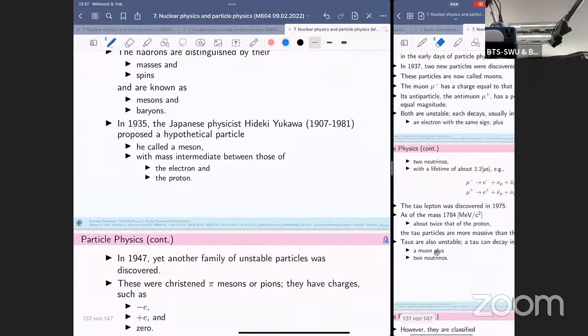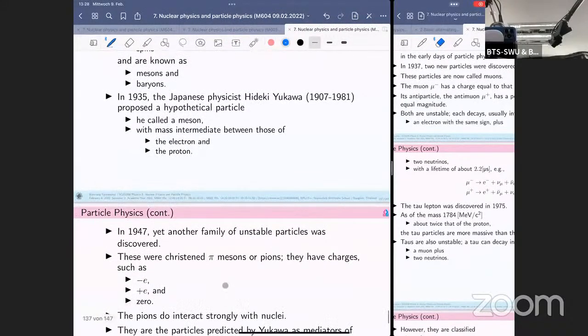In 1947, another family of unstable particles was discovered. These were named pi meson, simply known as pion, or pions.